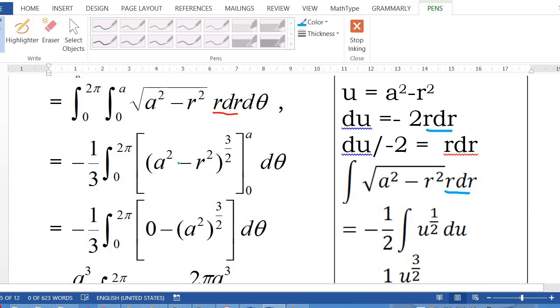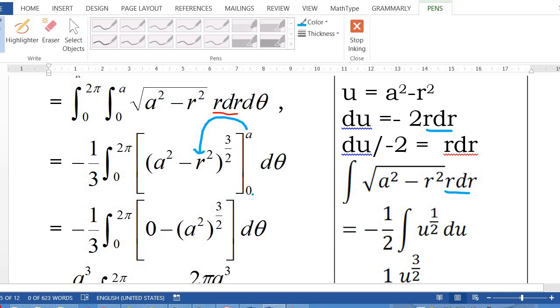So the result of this integral is negative 1/3 times (a squared minus r squared) power 3 over 2, where r is from 0 to a, and d theta from 0 to 2 pi. Remember, you integrate with respect to r and substitute your limit into r. So a squared minus a squared gives 0.